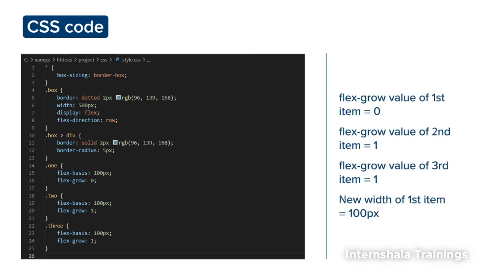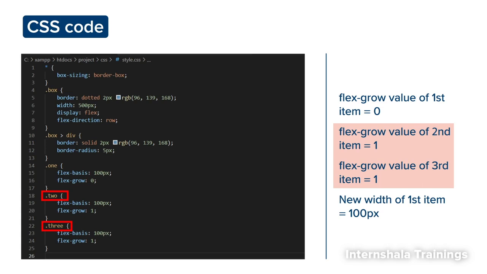Now, we have also specified the flex grow property for each item. For the first item with class equal to 1, we have set the flex grow as 0, which is also its default value. It means the item is not allowed to stretch beyond its specified width even if there is any available space. But for the second and third items, we have set the flex grow of both the items as 1. It means both these items would stretch beyond their specified width to take up the entire available space in a ratio of 1 to 1.